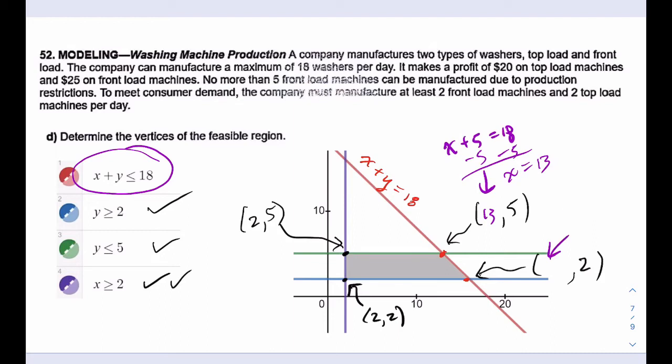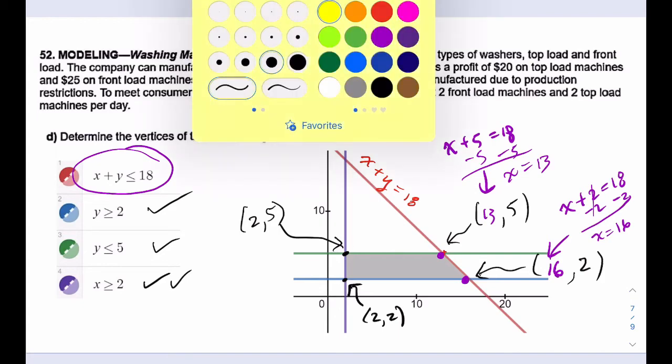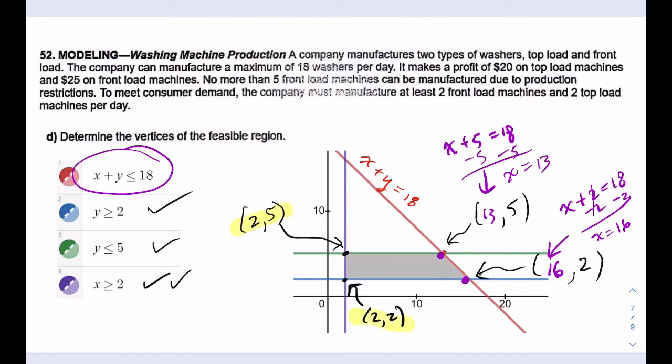We have x plus 2 equals 18. You minus 2 on both sides, so you get x equals 16. So now I've found all of those vertices. I'll highlight them. There's this point, and this point, and this point.